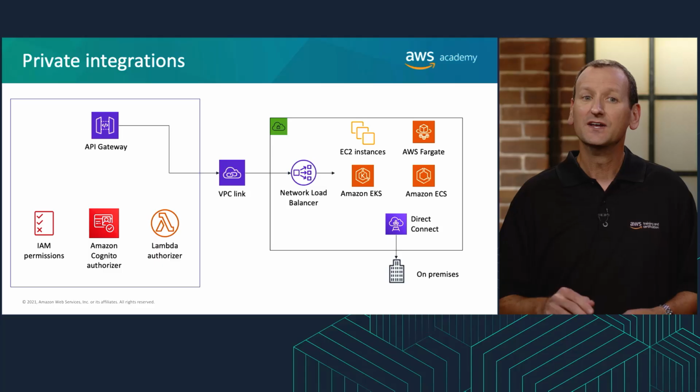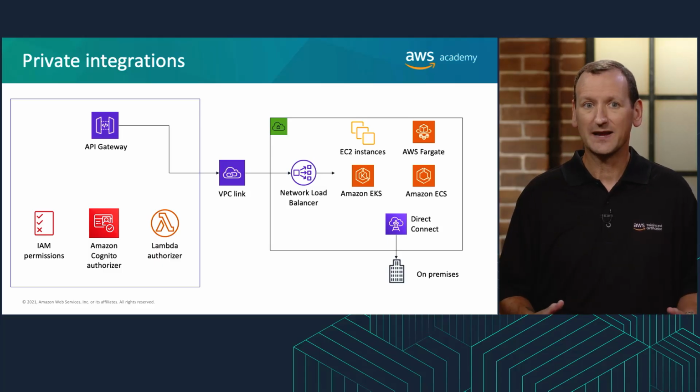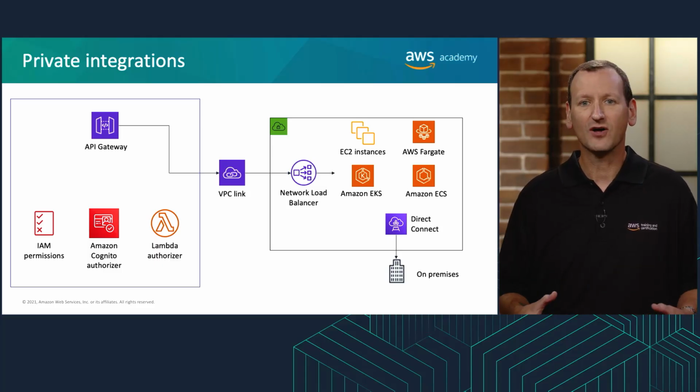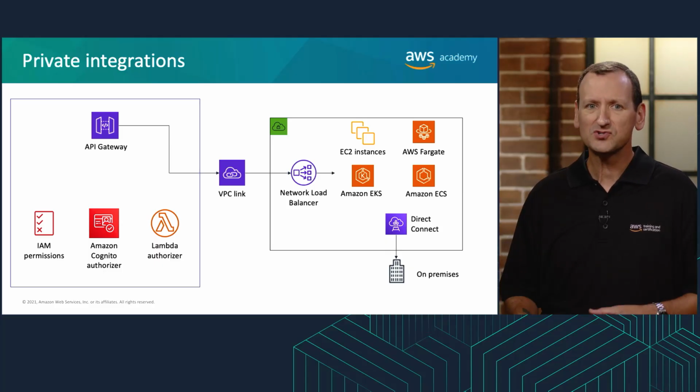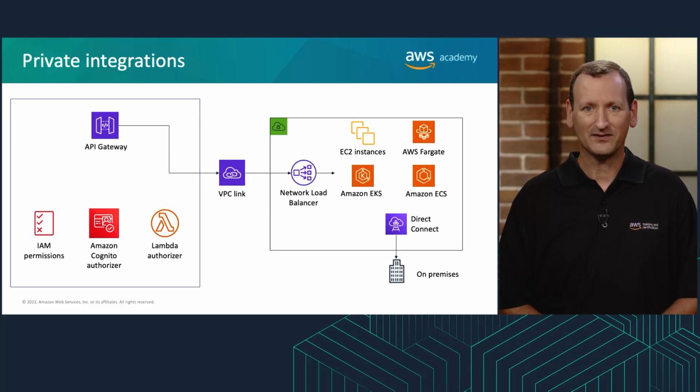With a private integration, you can expose your HTTP or HTTPS resources within an Amazon VPC for clients outside of the VPC to access. You can control access to your API by using any of the authorization methods that API Gateway supports. To create a private integration, you must first create a network load balancer.